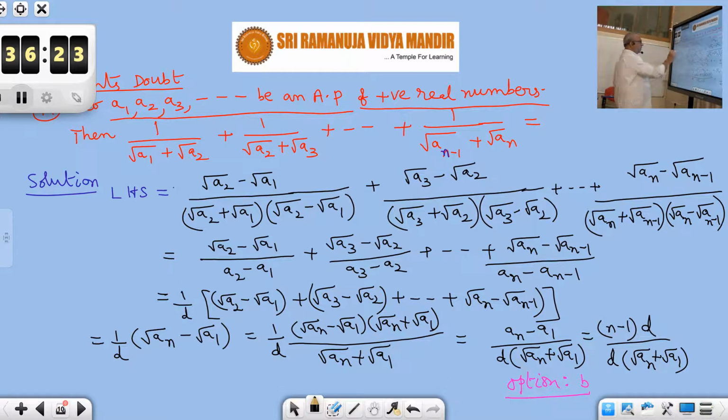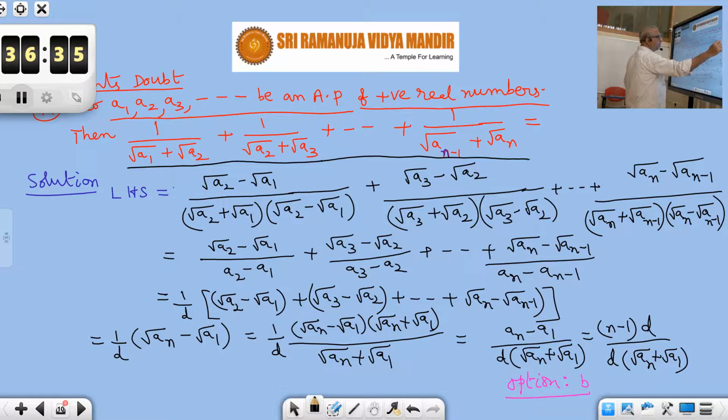Then 1 by (root A1 plus root A2) plus 1 by (root A2 plus root A3) plus so on up to 1 by (root A(n-1) plus root An) is equal to what? This is a question given in the assignment.